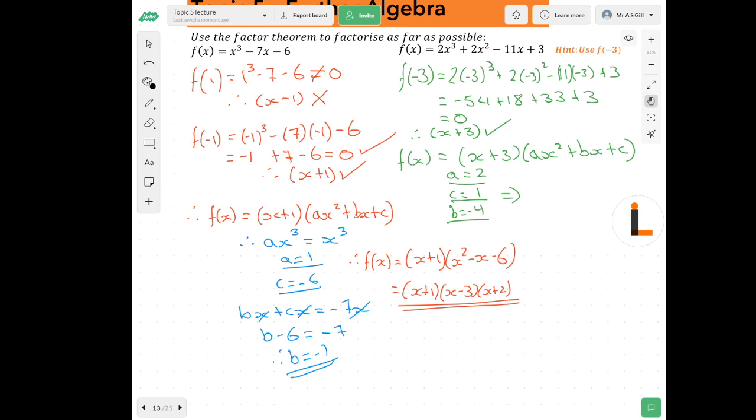So we can write f of x is equal to, and that cannot be factorized.